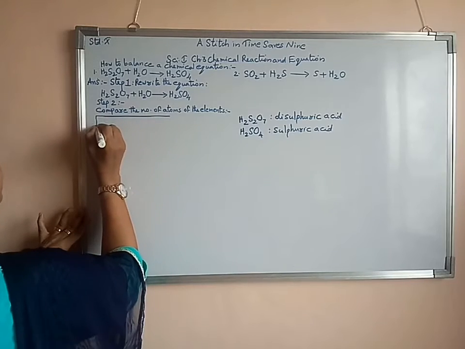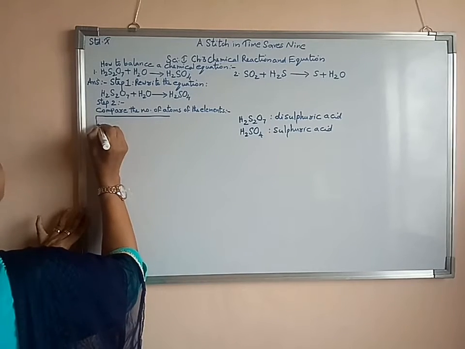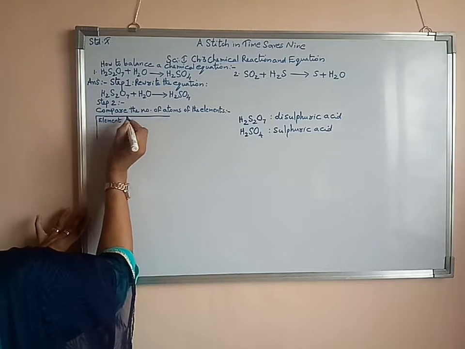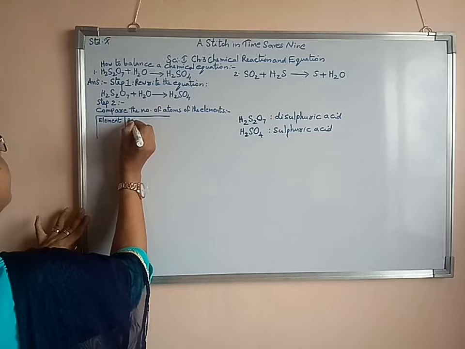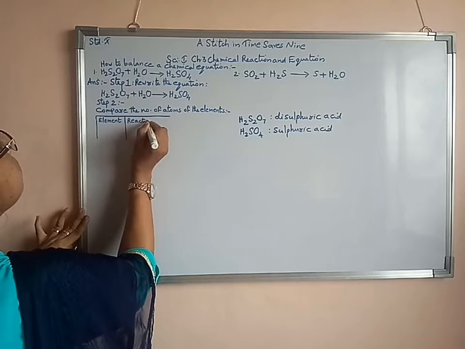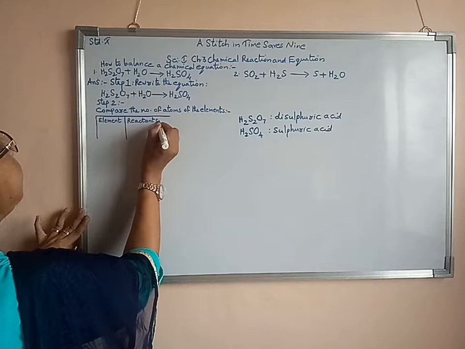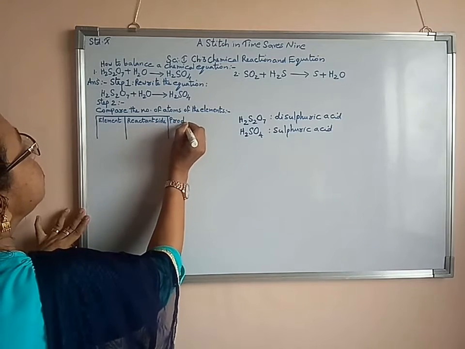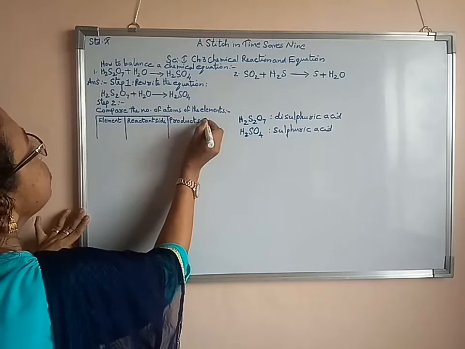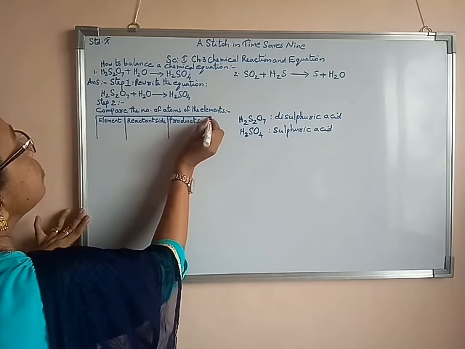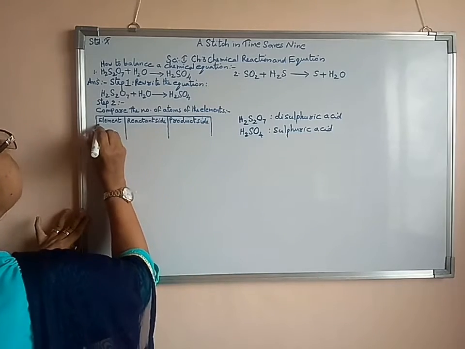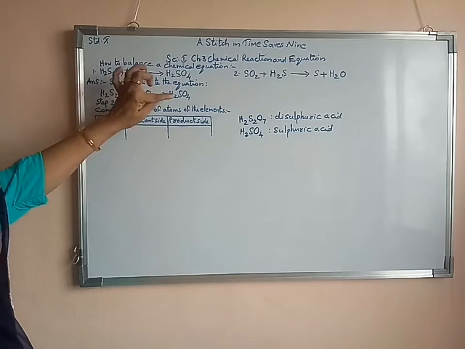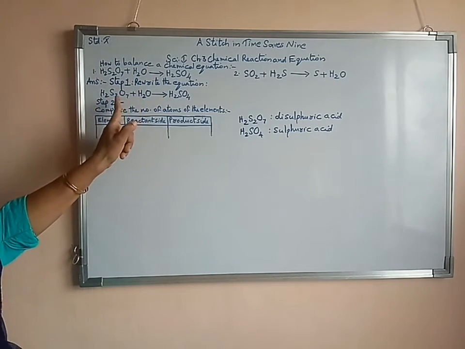Then we have to make a column or table here. In that, first I am writing the heading element, then here reactant side, then product side. Now we have to see in this equation how many elements are on the reactant side and how many on the product side.